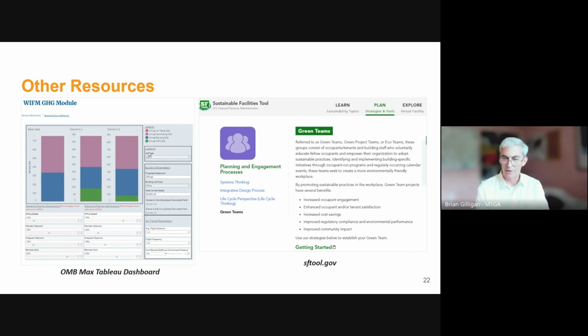But you can take the current approach that the spreadsheet has and use OMB Max to do quick visualizations. It's basically a Tableau-based version of the Excel spreadsheet, and it's available to anybody who has a .gov or .mil address.